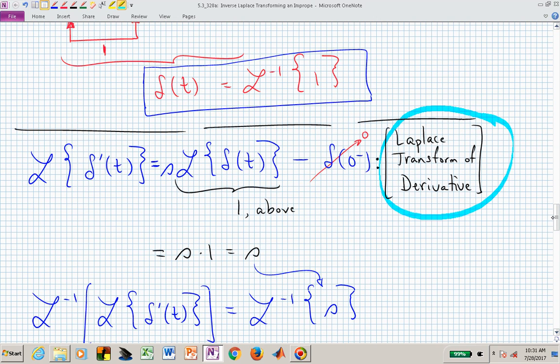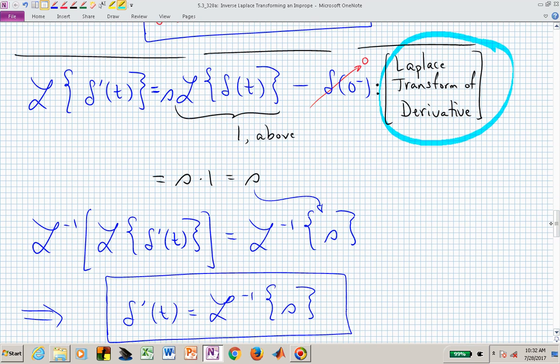So if we now inverse Laplace transform both sides of that expression, we have that the inverse Laplace transform of s, a polynomial s, has a time domain waveform that is the derivative of an impulse.